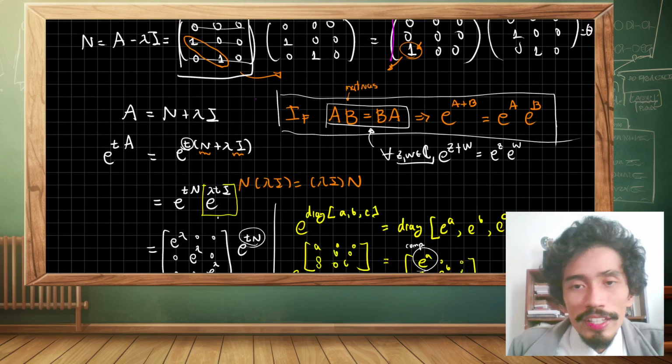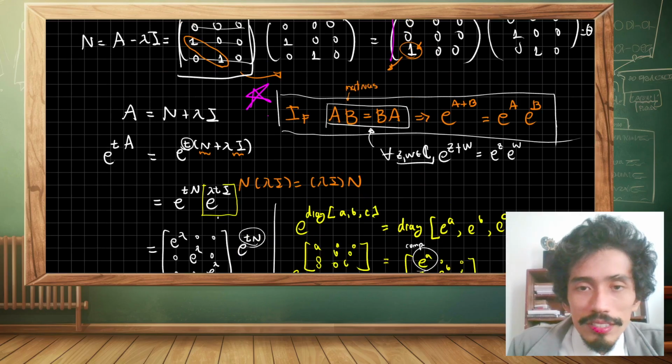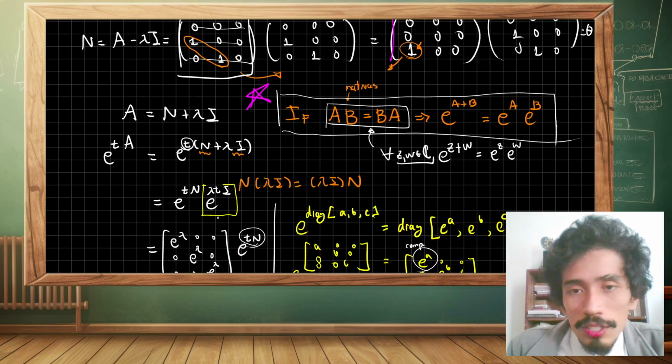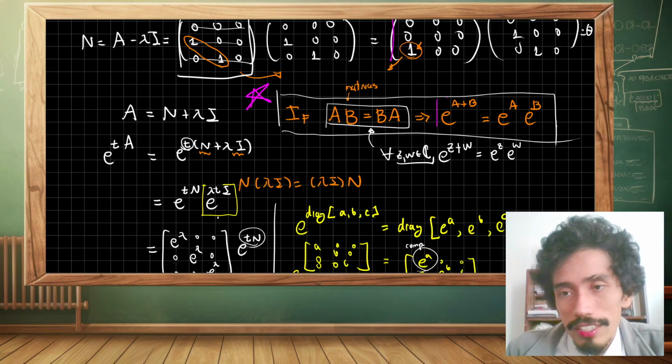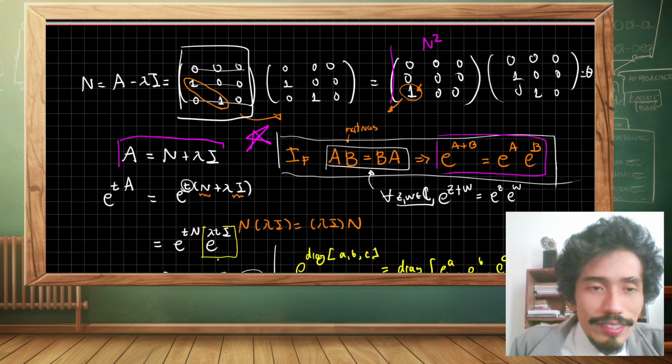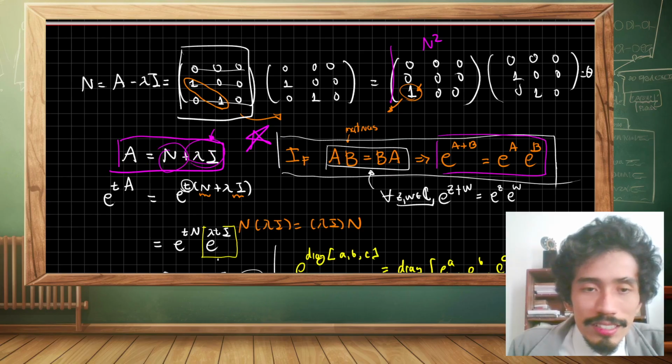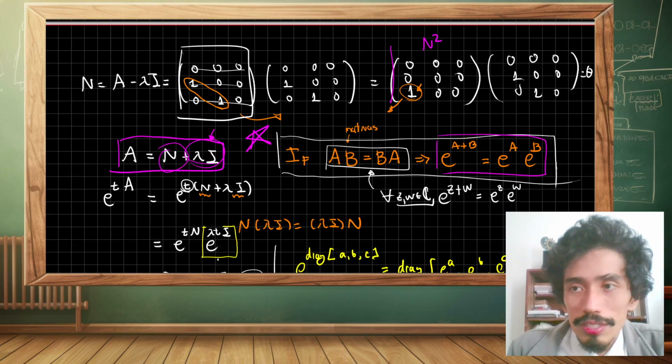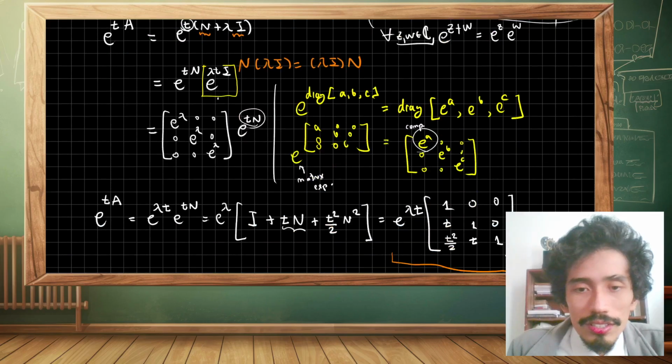Then the other important property was this, that if two matrices commute, then you can have this property. And this is important because this pair of matrices always commute, because the matrix on the right is the identity plus a scalar, which commutes with everything. So we apply that here.